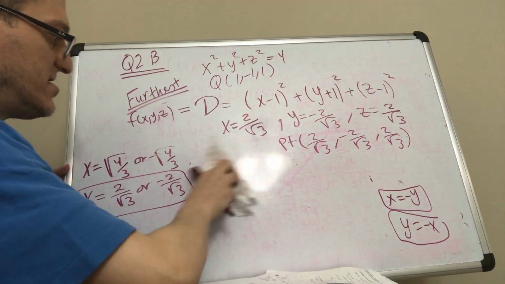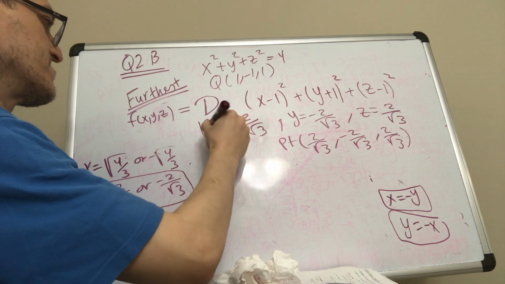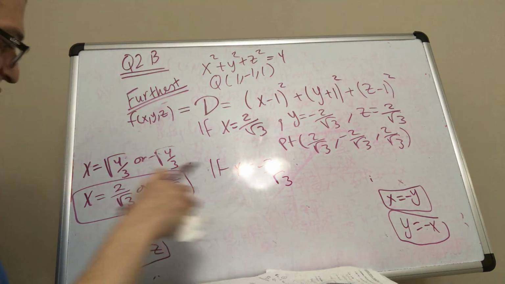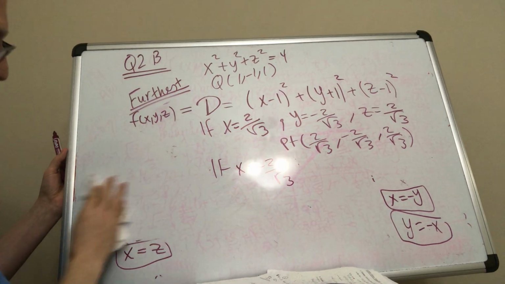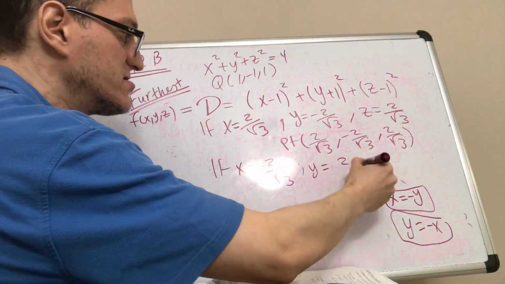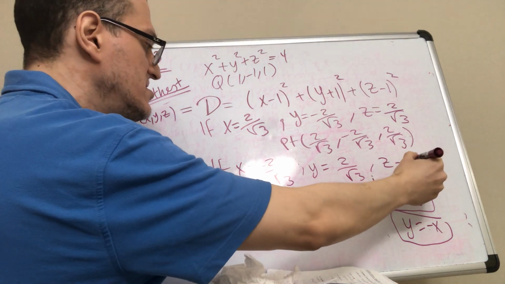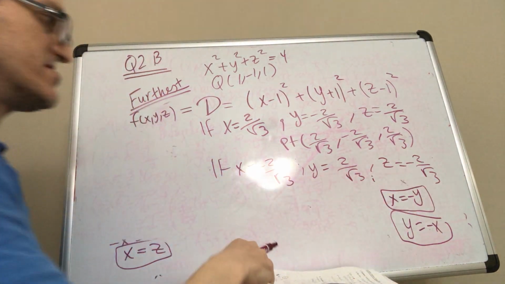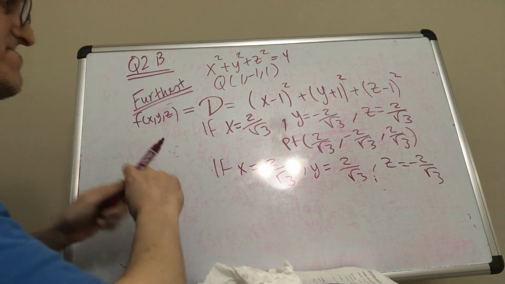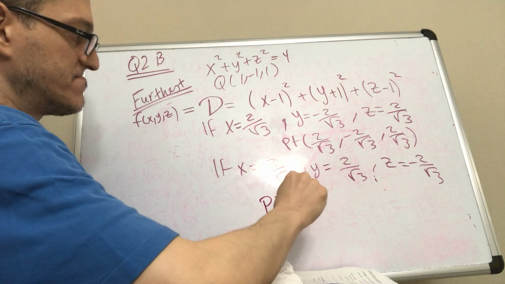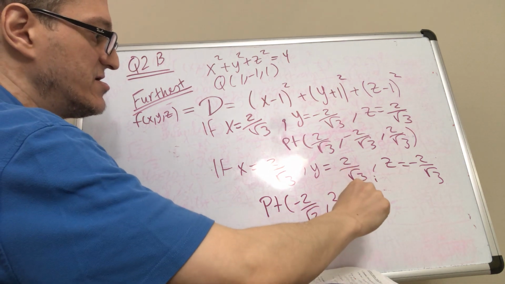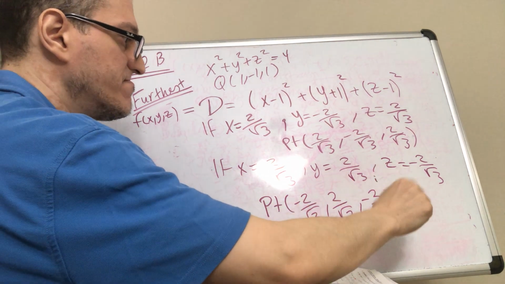If I take x of minus 2 over root 3, then y would be minus of this, turns into positive, and z equals x. So that would be point number 2: (negative 2 over root 3, 2 over root 3, negative 2 over root 3).